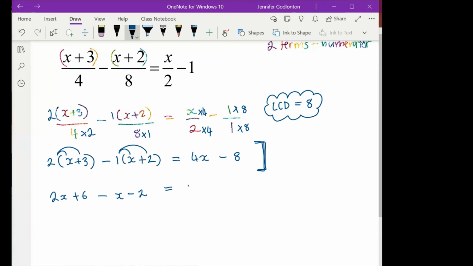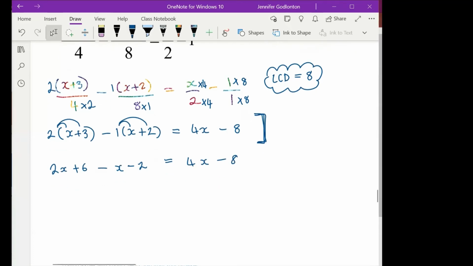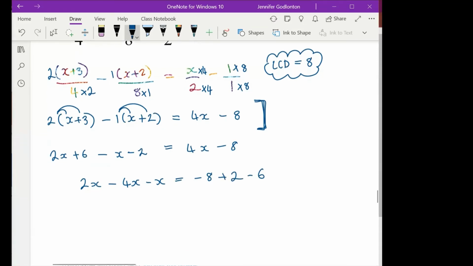Is equal to 4x minus 8. Beautiful. Next step. And then you're going to swap around. So you're going to write down 2x minus 4x minus x. Good. Equals negative 8 plus 2 negative 6. Good. Excellent. Well done.